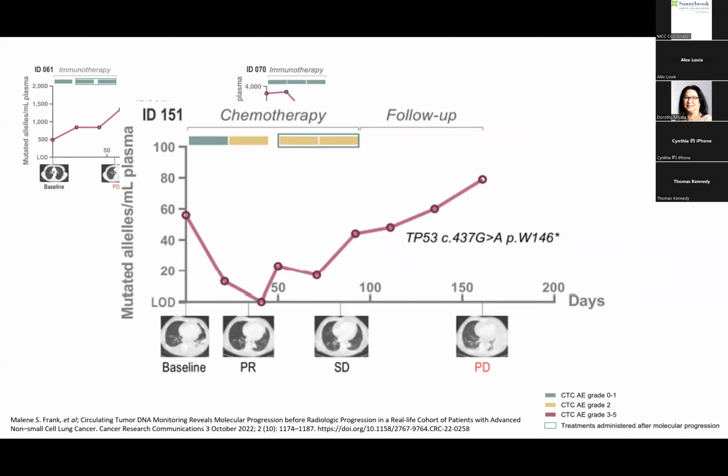This 72-year-old patient had chemotherapy, had a partial response after 2 cycles, stable disease at 4 cycles, but eventually showed progressive disease. And we can see from the ctDNA curve that there was initially a good response, followed by a recurrence in the ctDNA and a rise up until progressive disease was radiographically confirmed.